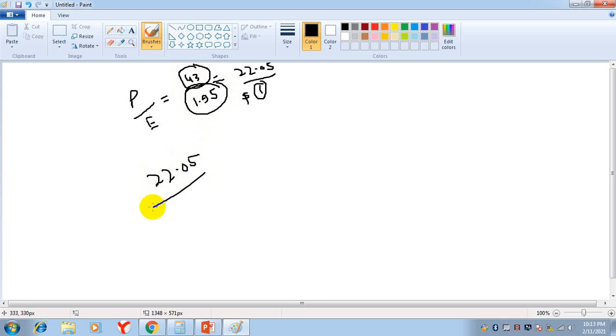So it means that for earning of $1, we are paying 22.05 price.